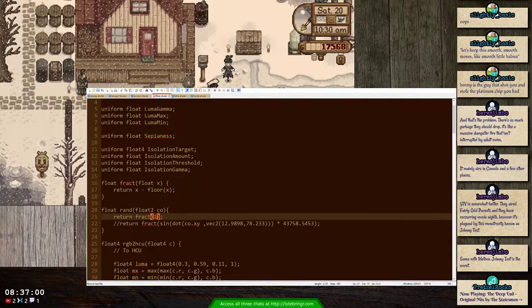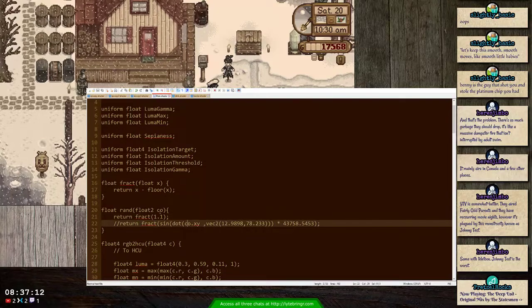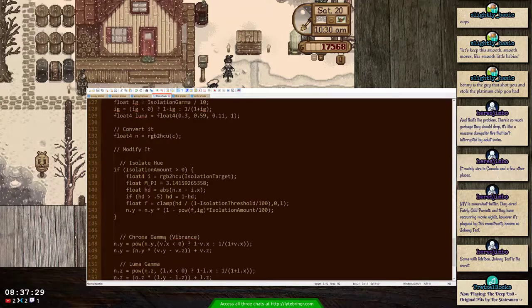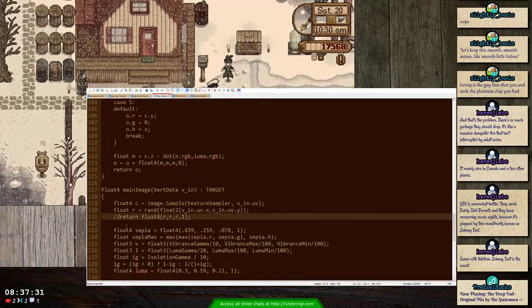So fract totally works. So where's the problem? Oh, vec2. That's the problem. Hey, we've made some progress. Now we should be able to just show some noise.